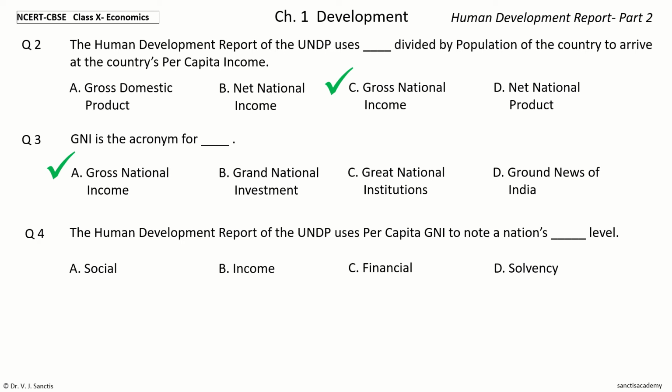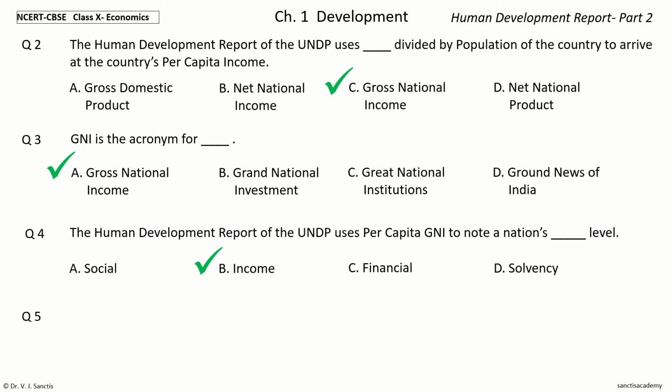Your time to choose. And the answer is Income. So, the Human Development Report of the UNDP uses per capita GNI to note a nation's income level.